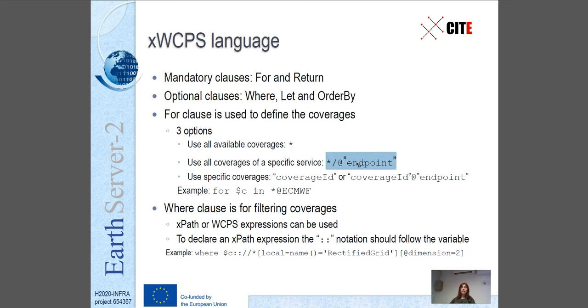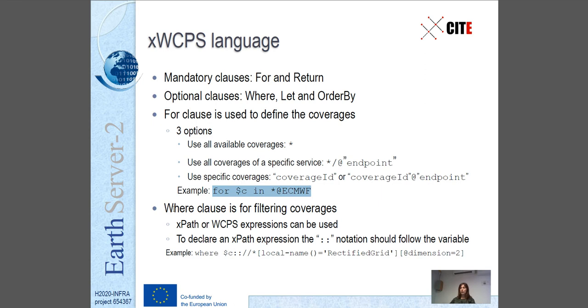The endpoint can either be an HTTP URL or an alias name of this HTTP URL. In addition, you could use a specific coverage ID or a list of coverage IDs to work on. An example of a for clause is the following. You said that this variable C will work on all available coverages of the endpoint of ECMWF.